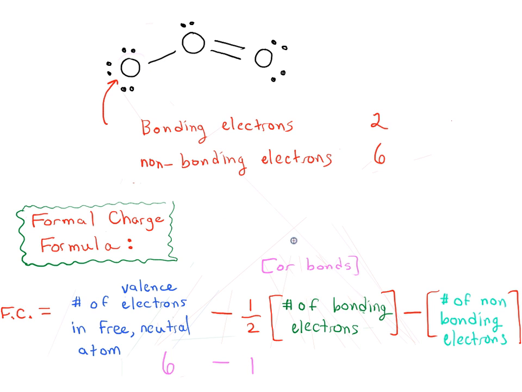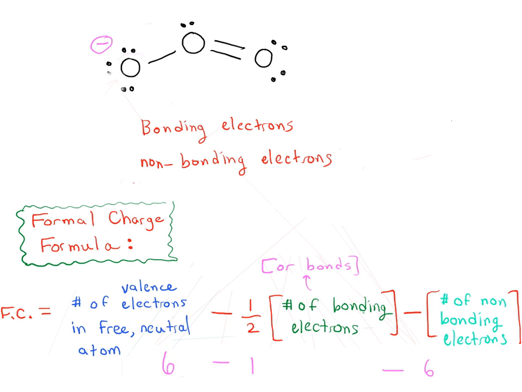You get the same answer if you just plug in the number of bonds in this category. The number of non-bonding electrons is 6, so 6 minus 1 minus 6, that's the same as 6 minus 7, which gives us minus 1. Normally we'll just draw a negative charge. Okay, good, so that's minus 1.